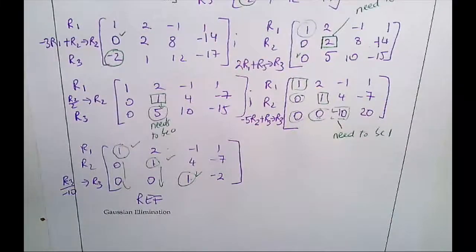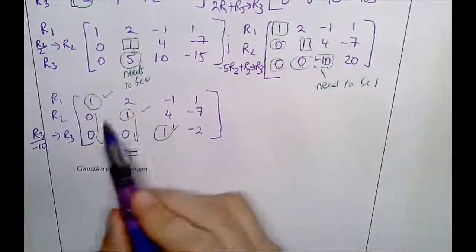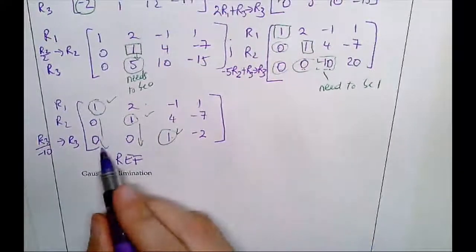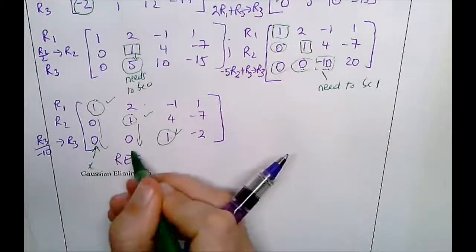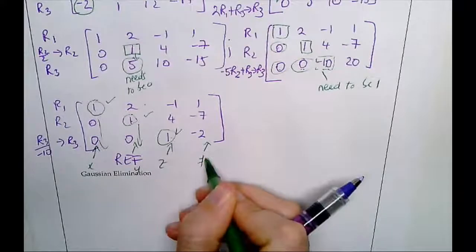So how is this going to help us to solve the system? Well, all you have to do right now is write this in terms of the system. Remember that this column was for your x, this one for your y, this one for your z, and this one is for the free term.